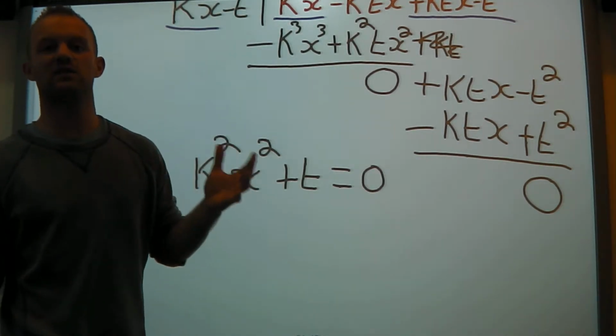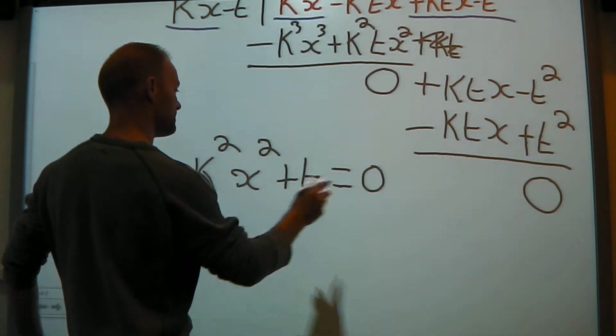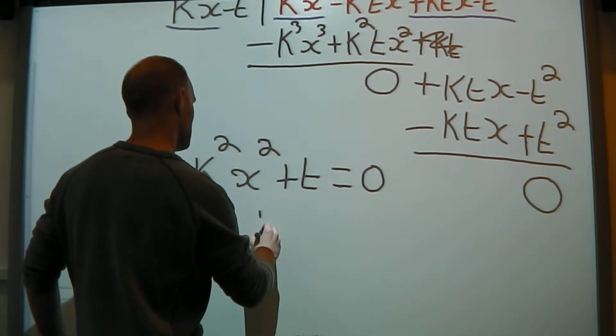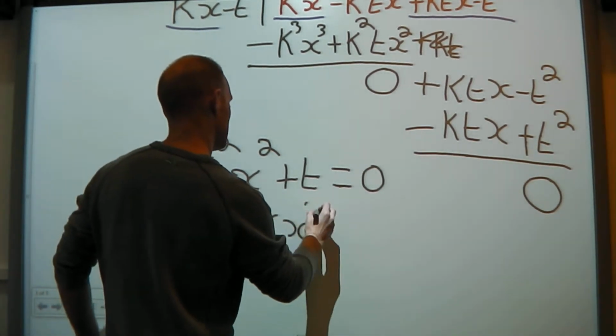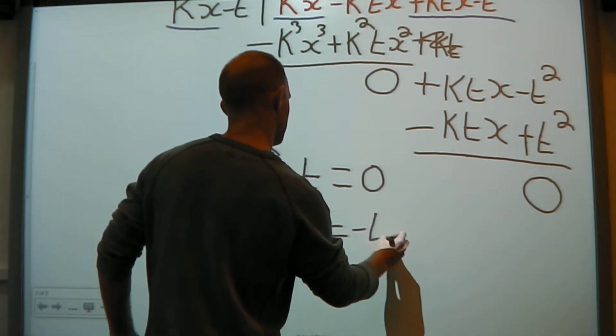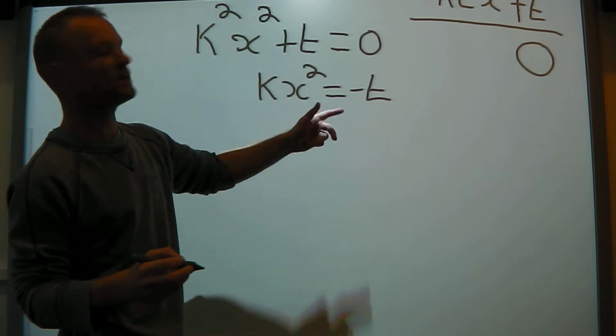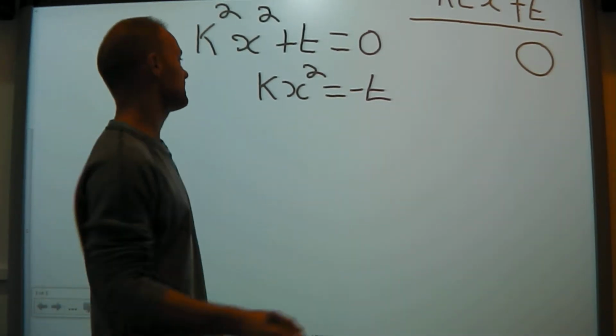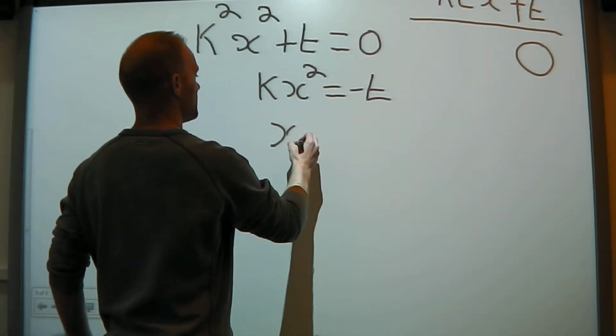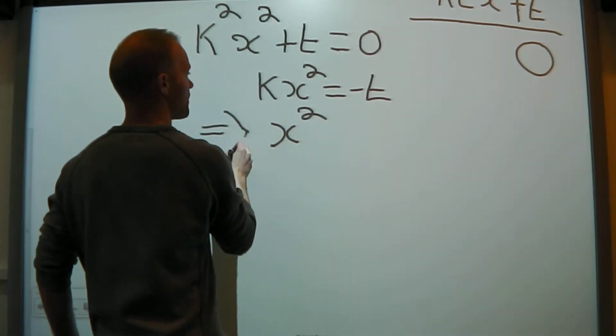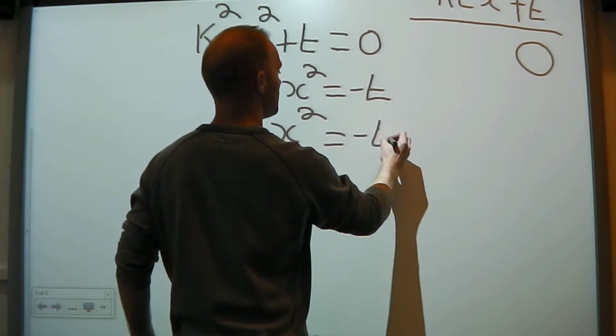So we want to get x by itself. So we just subtract t from both sides. So we have k squared x squared is equal to negative t. So we divide both sides by k squared. So that implies that x squared is equal to negative t over k squared.